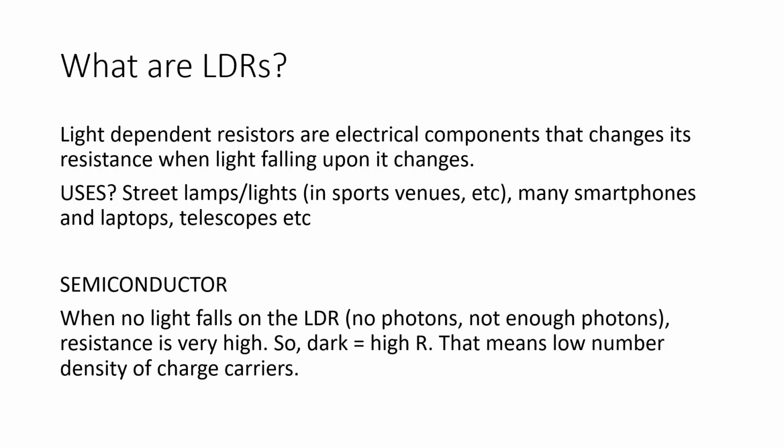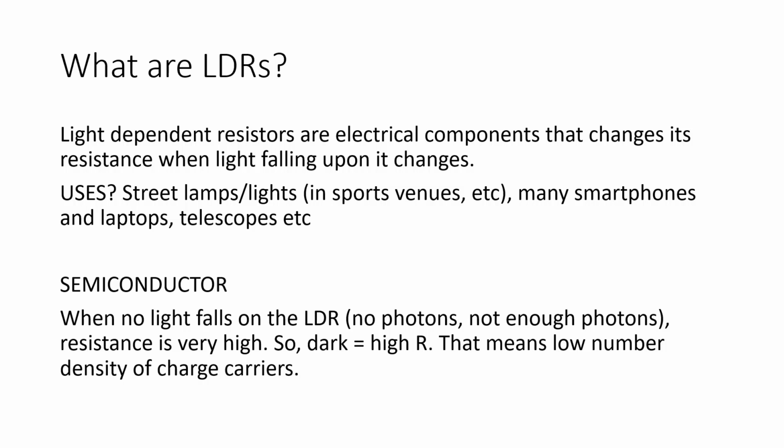It is a semiconductor. When it is dark, when there are no photons acting on the material, the resistance is very high because you haven't released the electrons in the semiconductor.